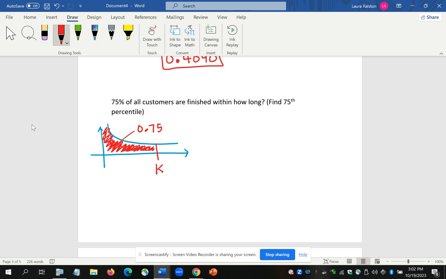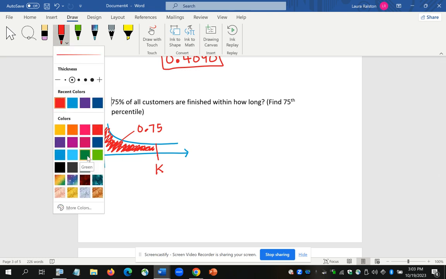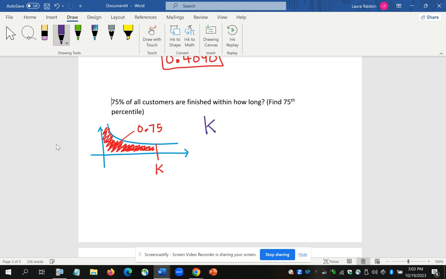Well, again, we can do a lot of math. But again, the easiest way to do it is to use the formula that I gave you just a minute ago. The formula for this problem for figuring k is the natural log of 1 minus the area divided by the negative of the decay parameter.